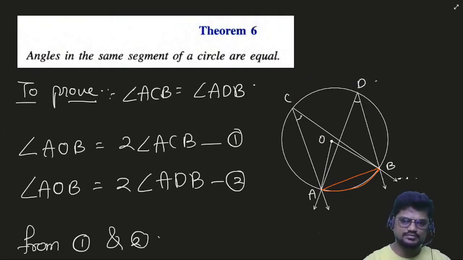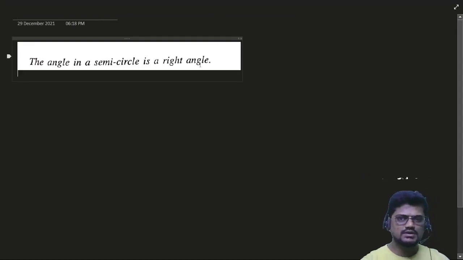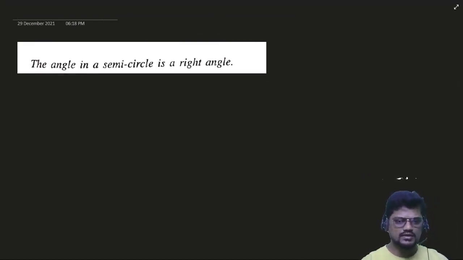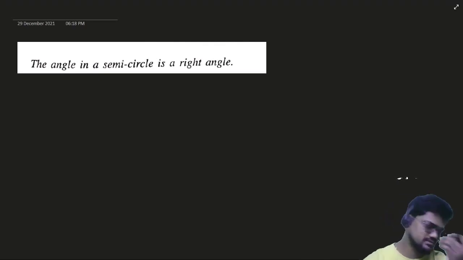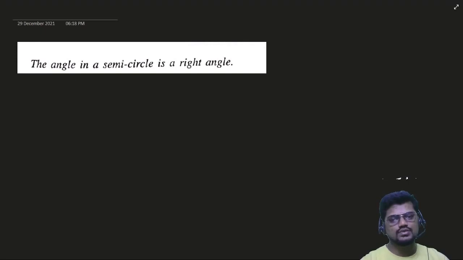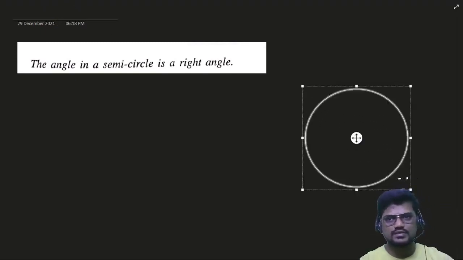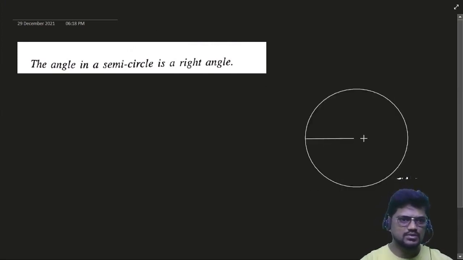The next theorem is: the angle in a semicircle is always a right angle. So how can we prove that it is a right angle? See, if I draw a circle like this, and I'm drawing a semicircle, that means I'm drawing a diameter.